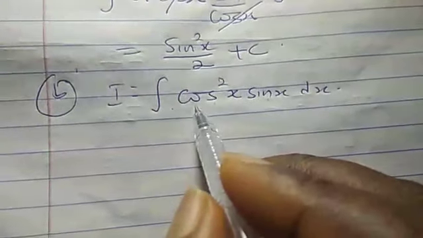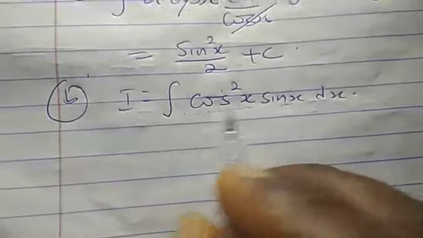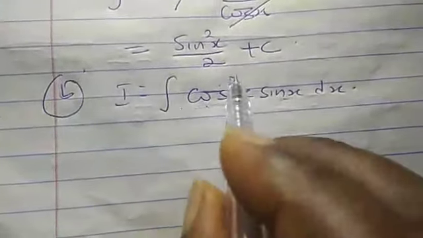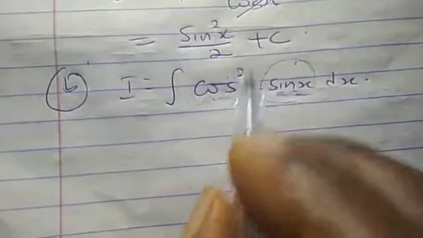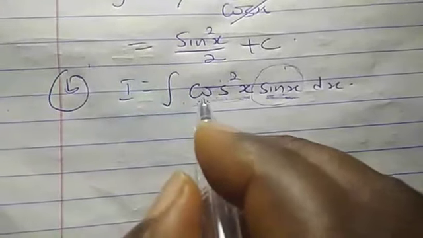But if you differentiate cos x, you can get sin x, not cos squared x. If you differentiate ordinary cos, forget about the power that is there, you can get this ordinary sin x. But if I differentiate ordinary sin x, I cannot get cos squared because it is cos squared you have.